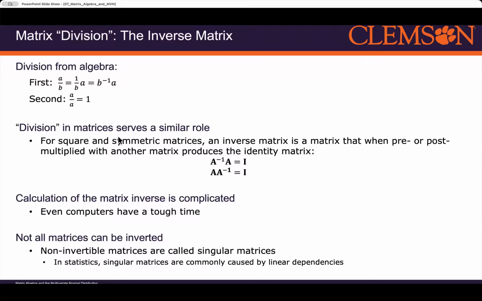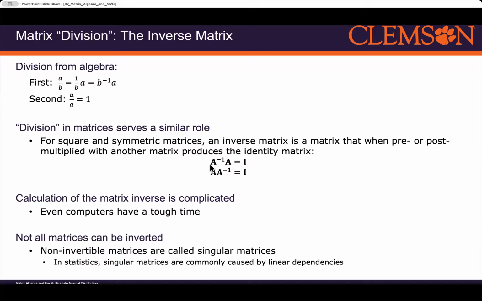If we're talking about square and symmetric matrices, A will have R rows and R columns, the same number of rows and columns. The matrix inverse will also have the same number of rows and columns as the matrix itself.